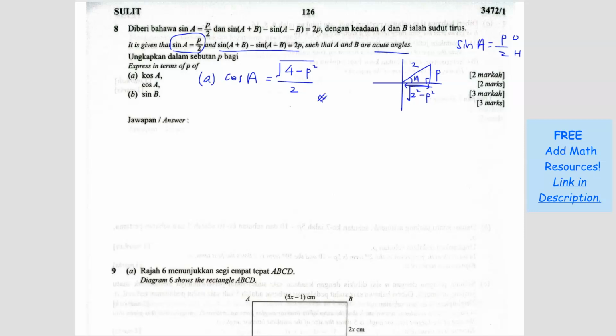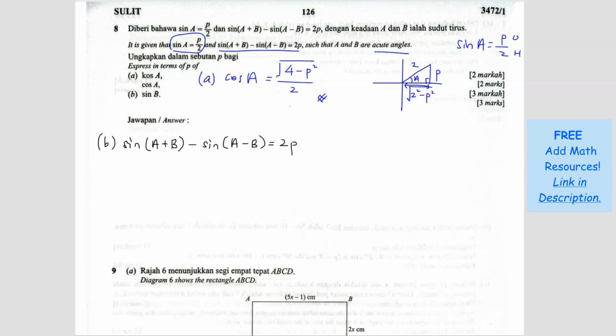Next, sine B. So we're looking for sine B. To find sine B, we have to use the second equation: sine A plus B minus sine A minus B equals 2P. So we can use the trigo property straight away.